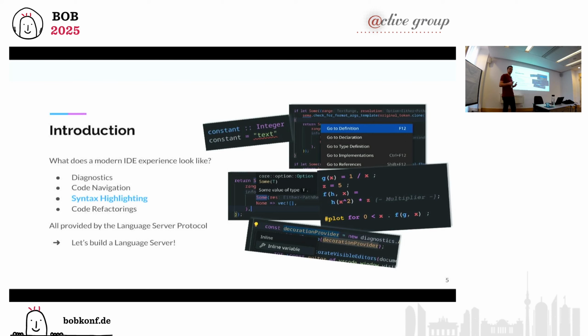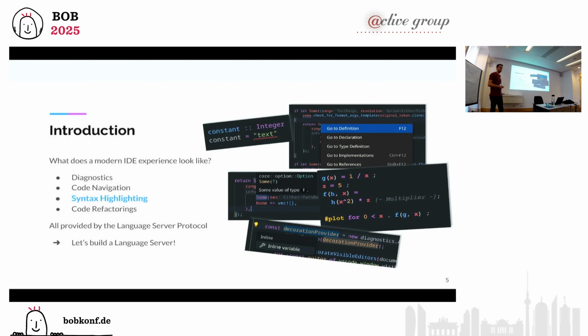First, because it's very nice to get syntax highlighting via the language server. And second, because it turns out if you can do proper syntax highlighting via the language server, all these other features, such as code navigation, code refactorings, and displaying diagnostics like this in the editor, are much easier to implement, because the syntax highlighting lays great foundations for all these other features.